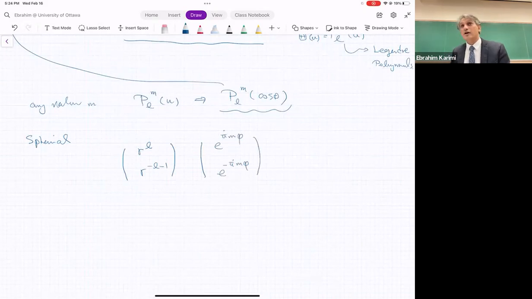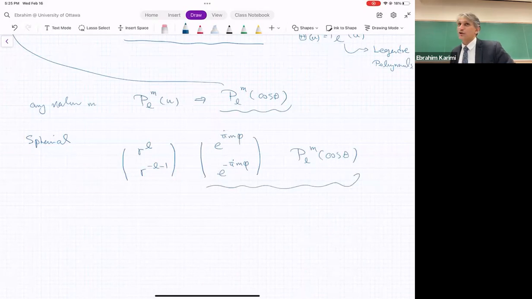What about the theta part? It is given by P L M of cosine of theta. And the combination of these they call spherical harmonics, which we call Y L M of theta and phi. I will be discussing that during the next lecture.